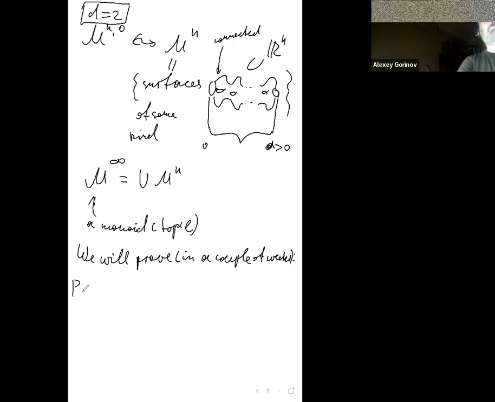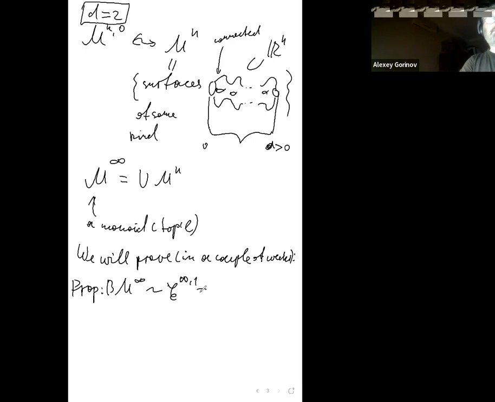In a couple of weeks, we will prove the following proposition. As a space, BM_∞, the classifying space, is homotopy equivalent to C_∞,1. And what is C_∞,1? We haven't defined it. Well, it's the direct limit of C_n,1 as n goes to infinity.